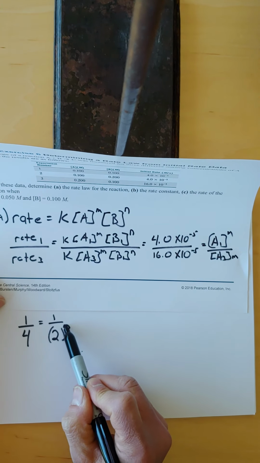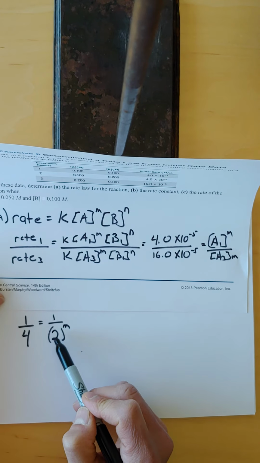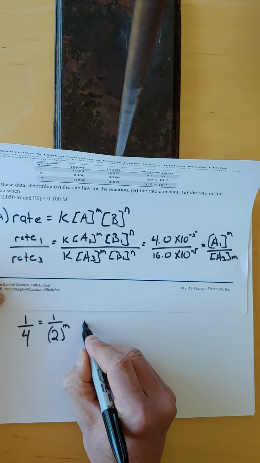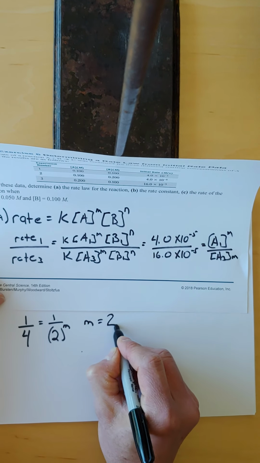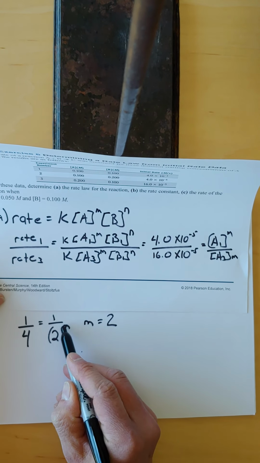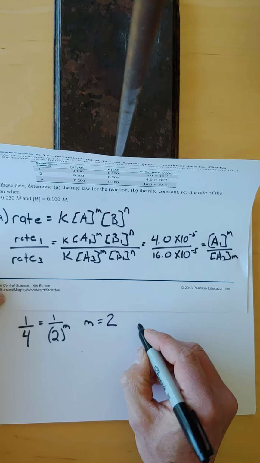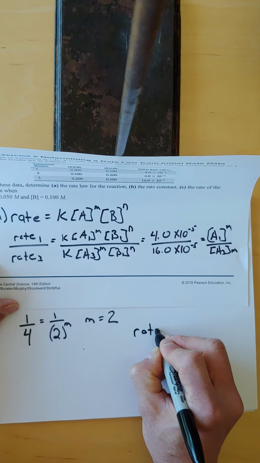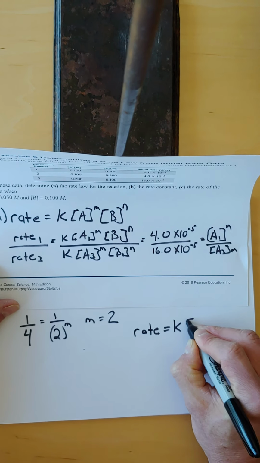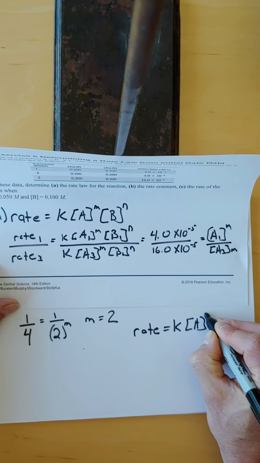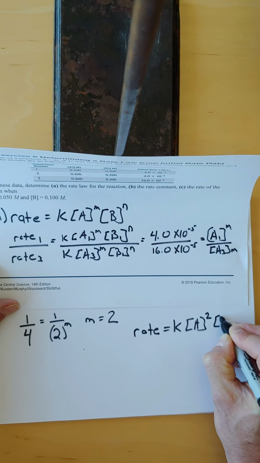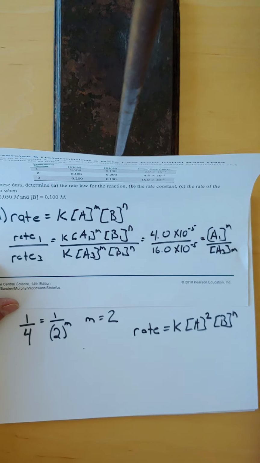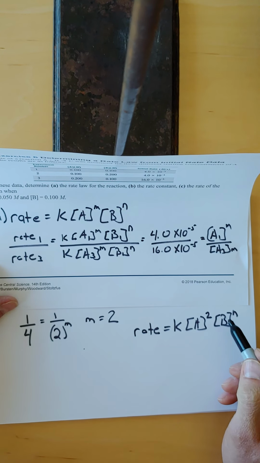So what value of m would make 1 over 2 to the m equal to 1/4? That would be if m equals 2. 1 over 2 squared would be equal to 1/4. So this reaction then says that the rate equals K times the concentration of A squared times B to the n. Well, now I've got to figure out what that n is.